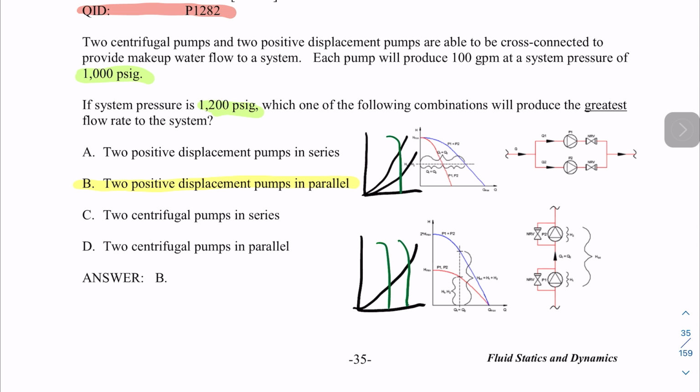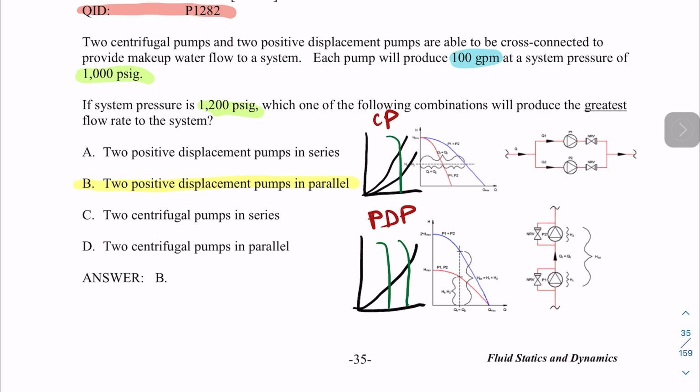Right, so first we need to take a look at what we have in here. We have a centrifugal pump, and we have our PDP. We have these two different pumps. They're going to be doing different things. These pumps, the PDP and the CP, it says they will produce this volumetric flow rate at this pressure.